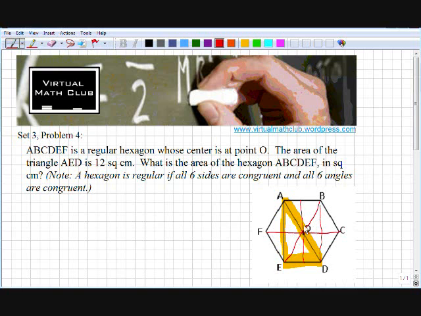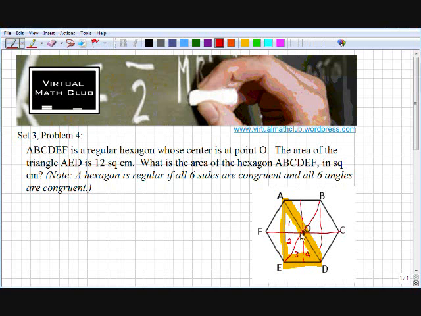So all of these triangles should be congruent now, because we've taken congruent triangles and divided them all in half. And so we could count up these triangles. First of all, we know the area of AED. We're given that, and you can see that if we count up those little triangles inside it, we get 1, 2, 3, 4.